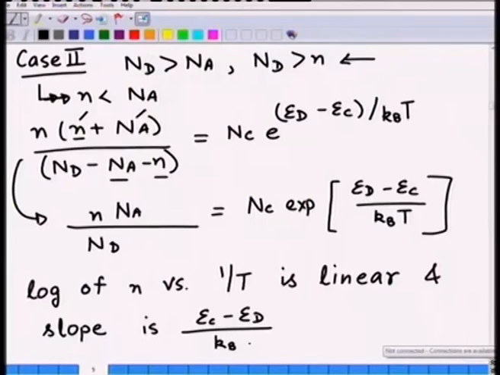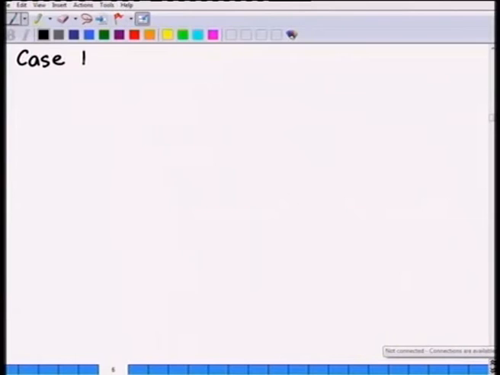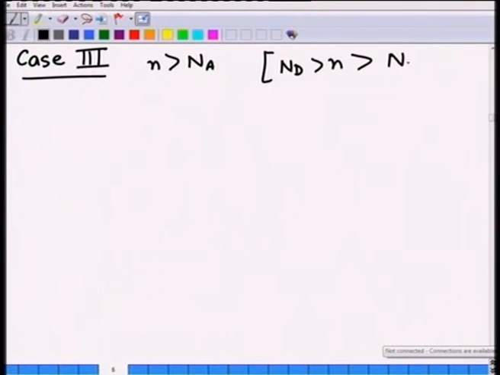Before I draw this, let us look at the case where N is greater than Na, and then we will draw all these cases together. So, now let us look at case 3, in which we take N greater than Na, all other things remaining the same, namely Nd is greater than the others.